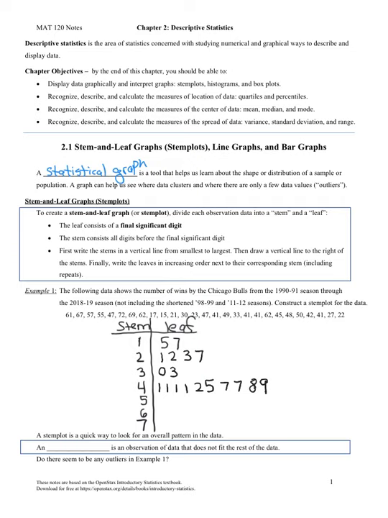We're going to keep doing this in order from smallest to largest for each data point. We'll continue writing the final significant digit under the column for leaf. And that's it. We have our stem and leaf plot.